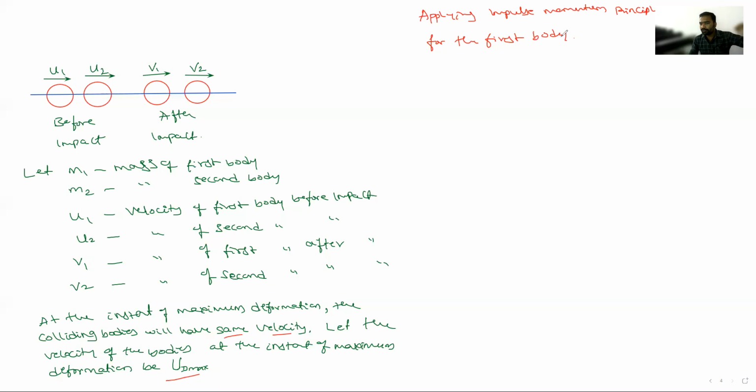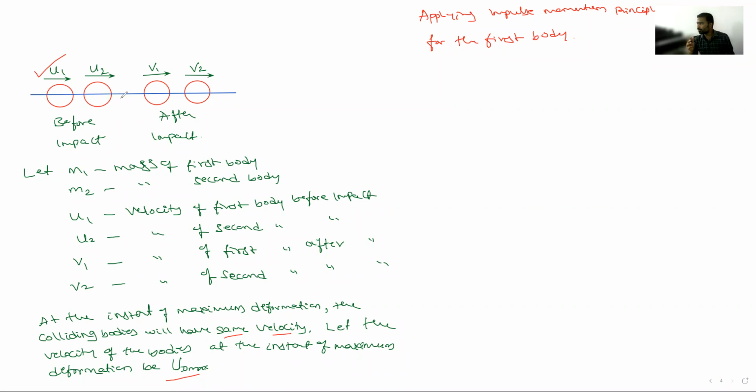Before coming in contact, the velocity of the body is u1. At maximum deformation, the final velocity is ud max, initial velocity is u1.